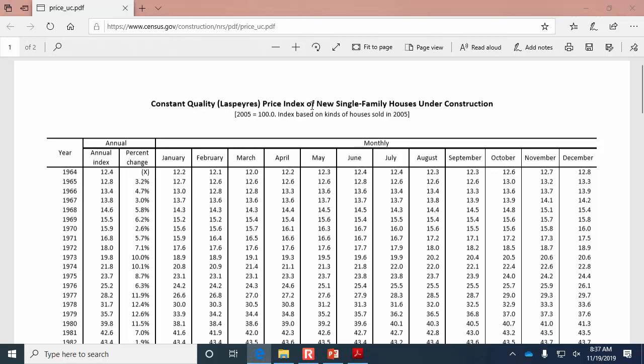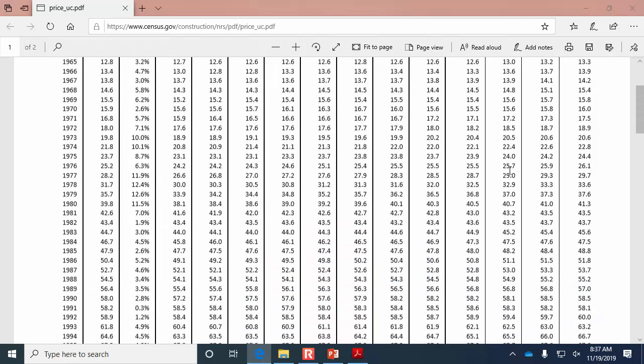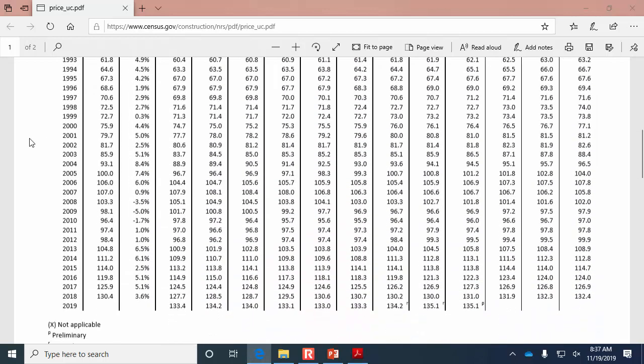This is for the price of a new single-family house under construction. So in 2005, the average house cost 100, and you can think of it as 100% of this baseline year. And then in 2006, the average price was 6% higher.